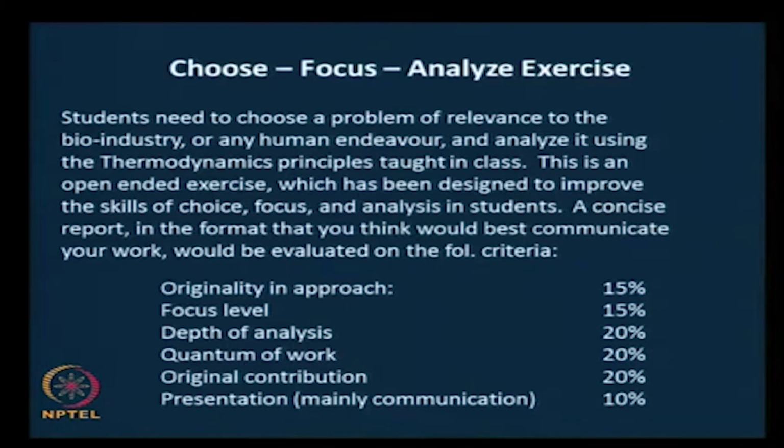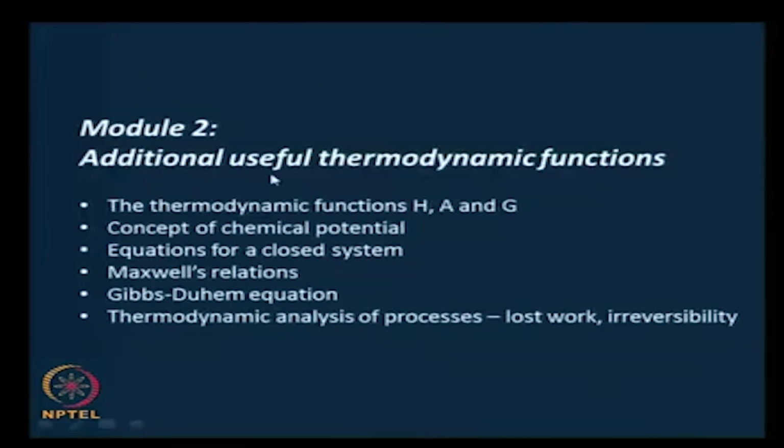Okay, those were the preliminaries, and then we reviewed whatever you would have picked up in higher secondary school as well as in your first year of engineering. We reviewed that in one class, and then we went on to module 2. Module 2 was on additional useful thermodynamic functions.